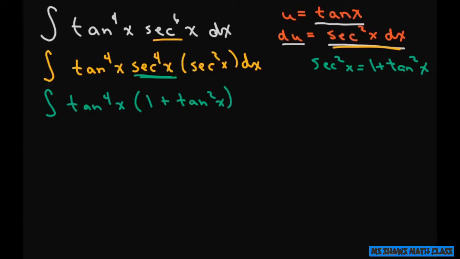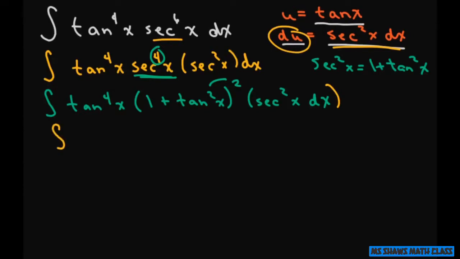But since this is to the 4th, you're going to square this. That will give you your 4th. And then we still have our secant squared x dx. Now that we have everything in terms of tan, except for our du part, let's substitute using u.